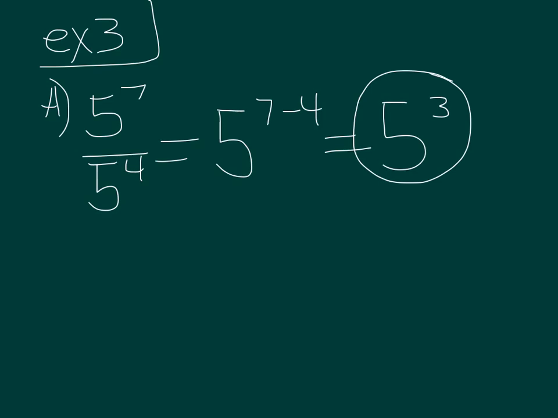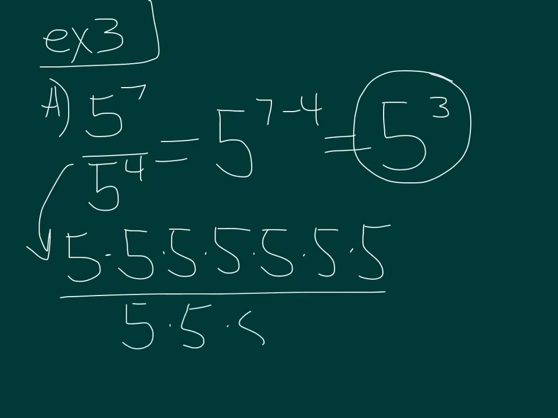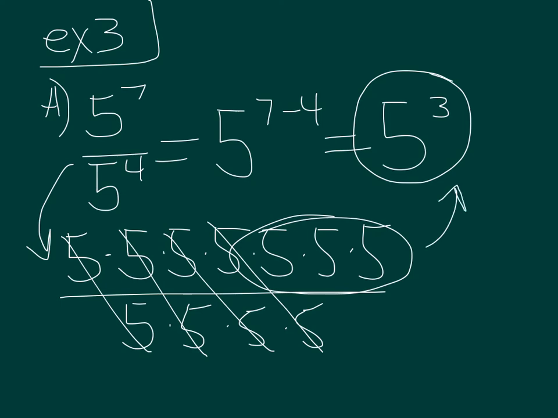But just so we're aware, this is another way to write it: 5 times 5 times 5 times 5 times 5 times 5 times 5, there's 7 5s, over 5 times 5 times 5 times 5, 4 5s. So as you simplify this, 4 sets of these cancel out. What's left is 5 to the third power. You could put that over 1 if you wanted, but it doesn't need that fraction. So that's letter A. Let's go to B.